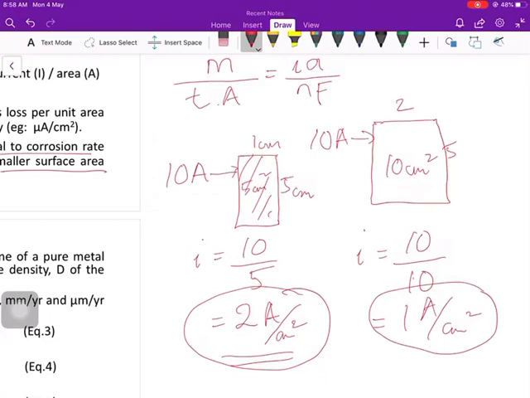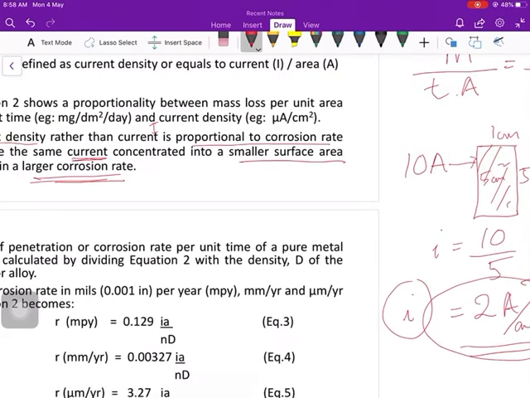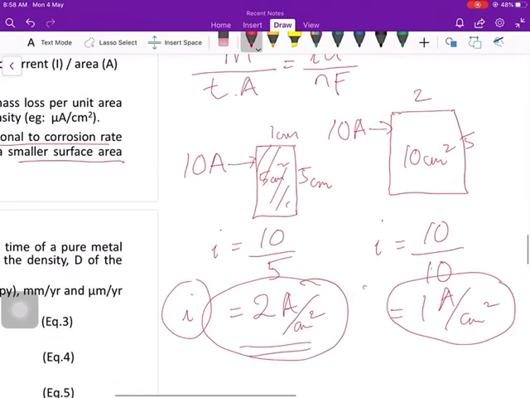This is twice, this is 1. Okay, 1 time, this is 2 times. So it shows that current density, this small letter i, can be used proportionally to relate with corrosion rate instead of capital letter I.